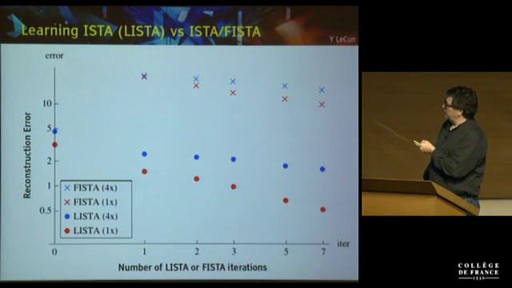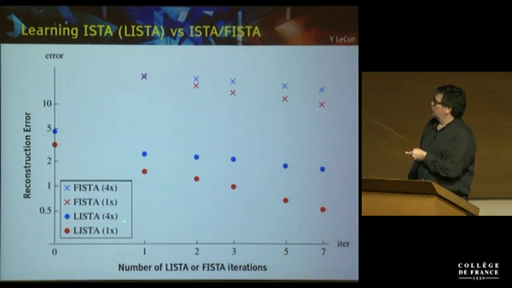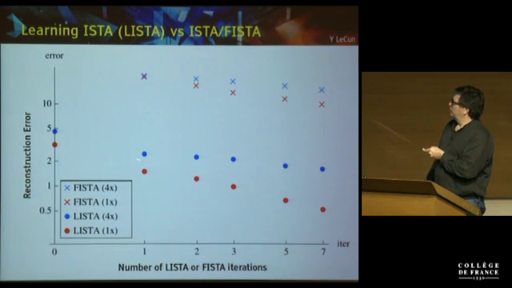Let's take it with 4 times. If we apply the fast ISTA algorithm, in this iteration, you obtain an iteration error like this. By training the matrices on the same data, we obtain lower errors, especially after 1 or 2 iterations even.